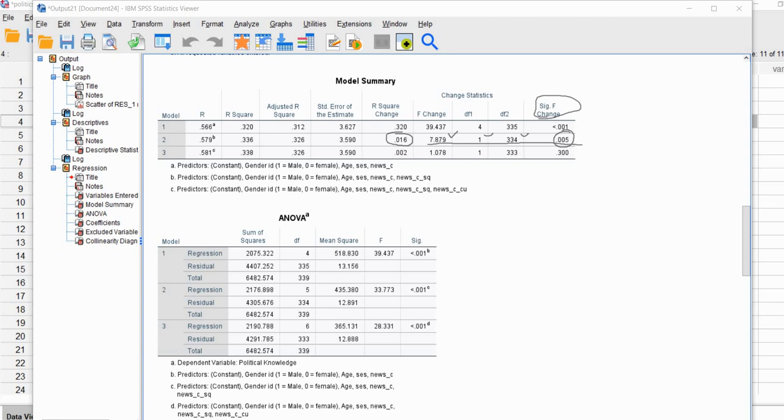variation that's accounted for. Now, with respect to the last model, you can see right here we have our R-square of 0.338, the R-squared change of 0.002. The question is, was this increment significant? Did we account for significant additional variation by adding in that cubed variable right here?